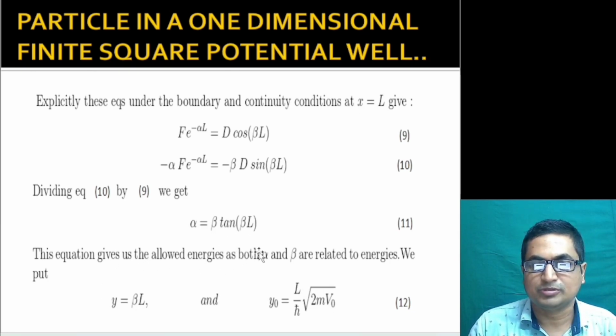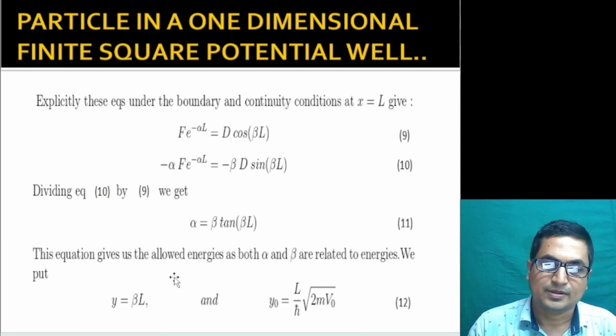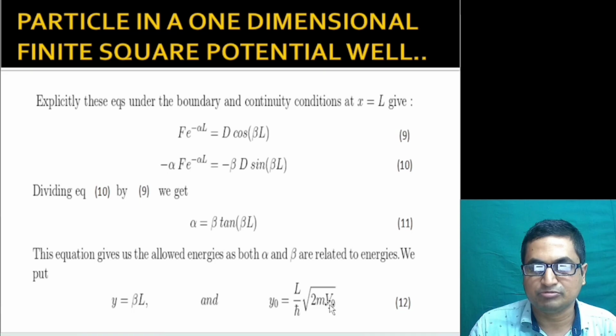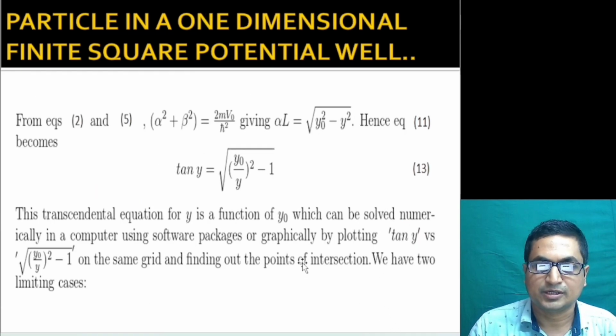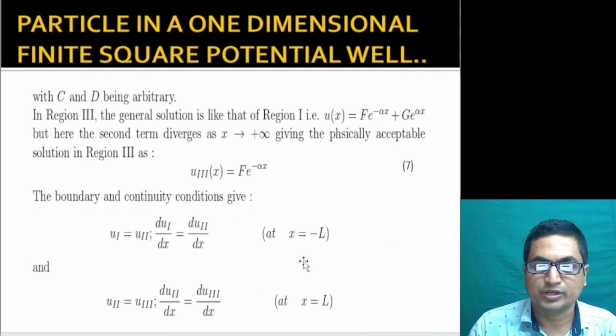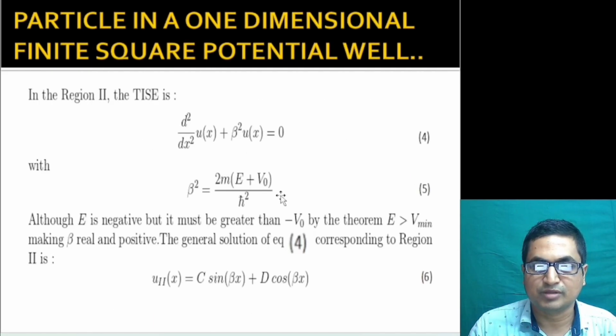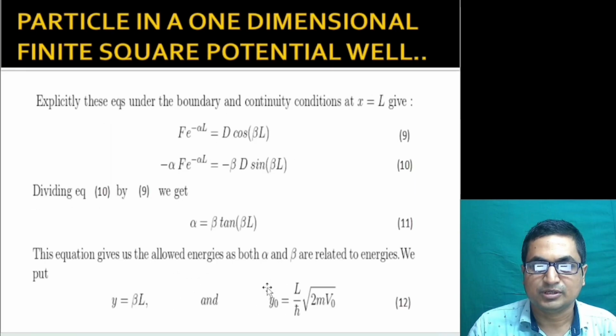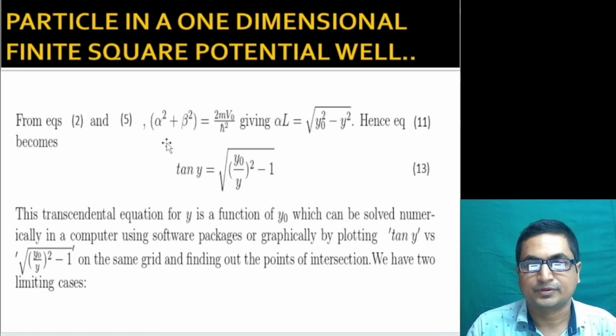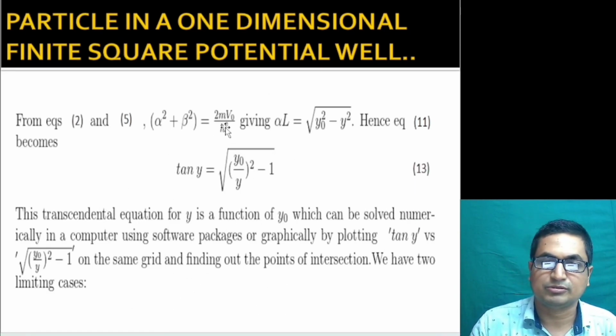This equation relates alpha and beta, and since alpha and beta are related to energies, this equation will be very useful later on. Also we put y equal to beta L, and y naught equal to this, with the imposition of 12 in 11, and also equations 2, 3 and 5, we get alpha squared over beta squared equal to this.